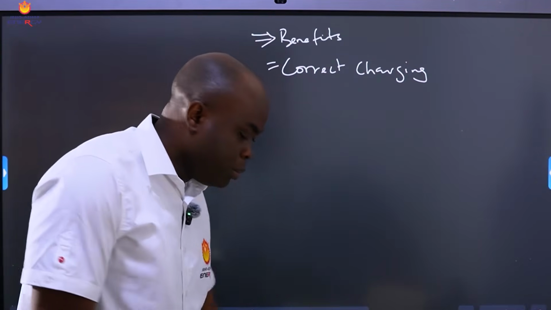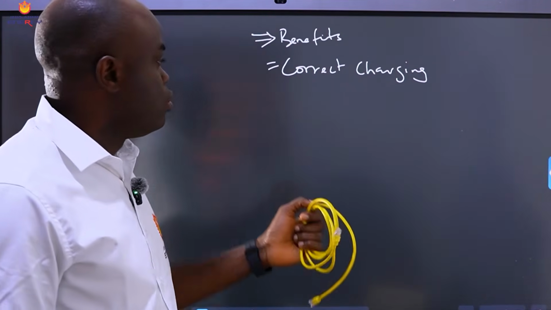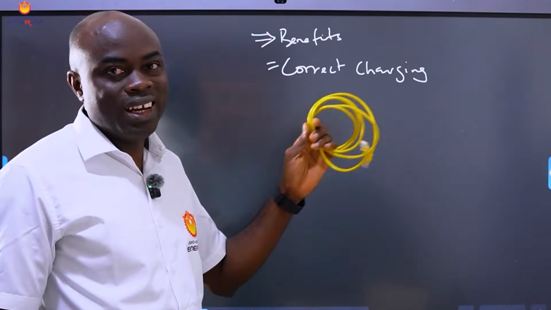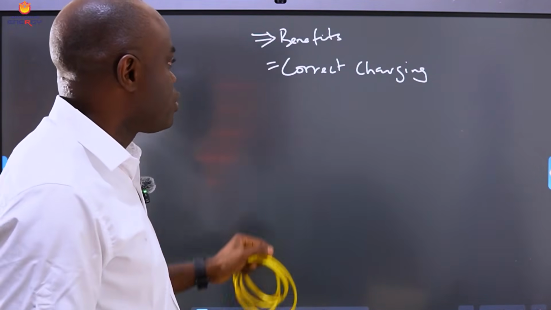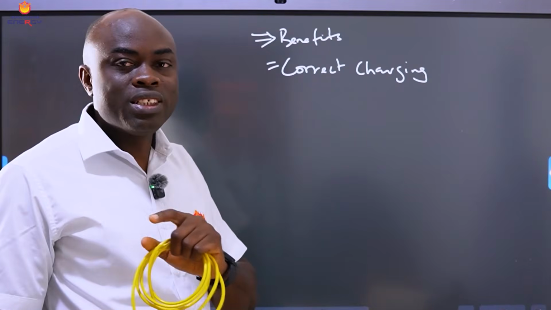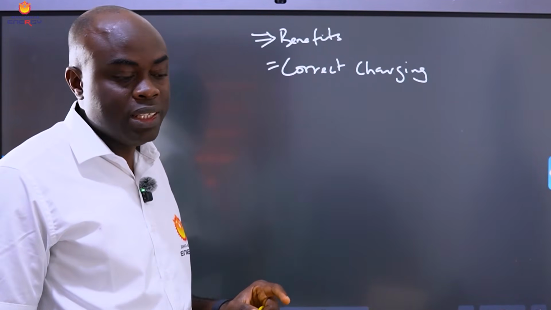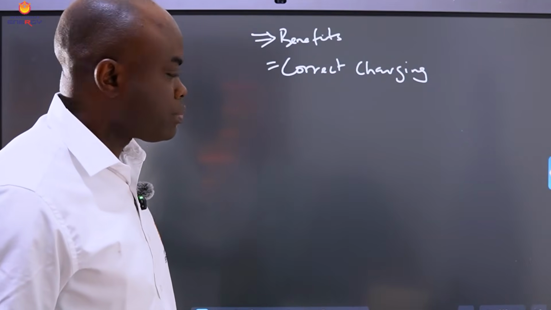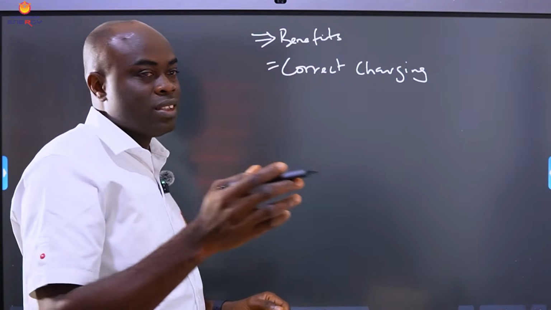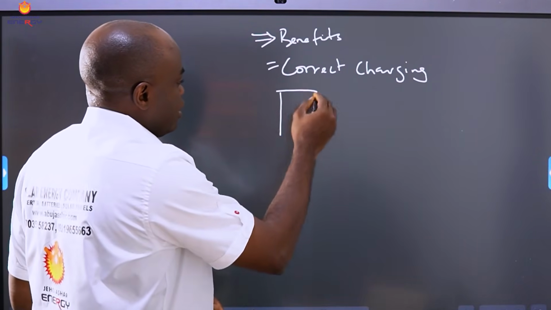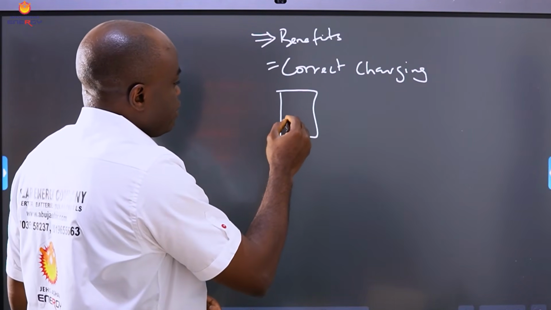With this cable connected between your inverter and your battery, this is our communication cable, it helps your battery to charge properly. Without it, most of the time you see on your inverter screen that the battery percentage is 50%.